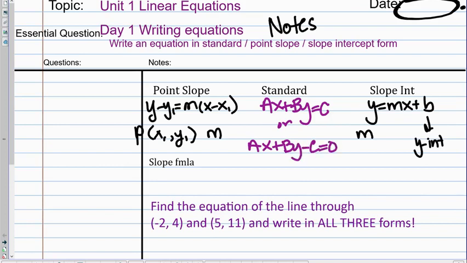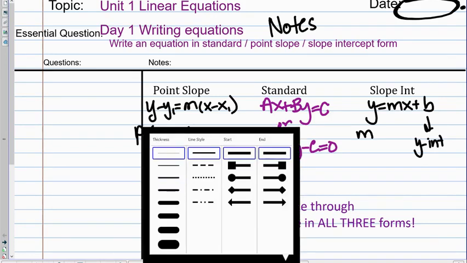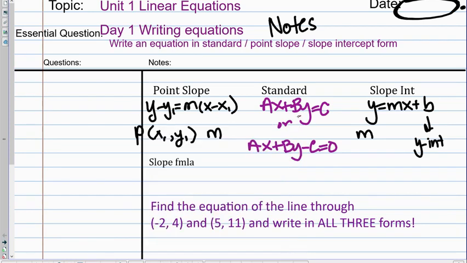So they both have a b in them, and that's a little bit weird, but I hope that you notice that the B in this one is a big B and the b in the other is a little b. They are not the same, okay? So this B does not stand for the intercept.